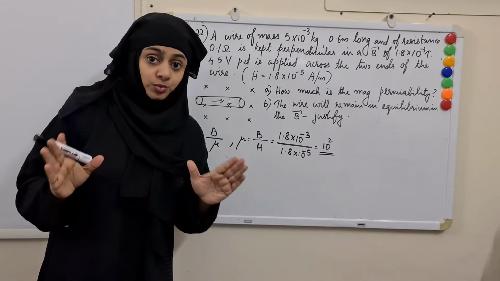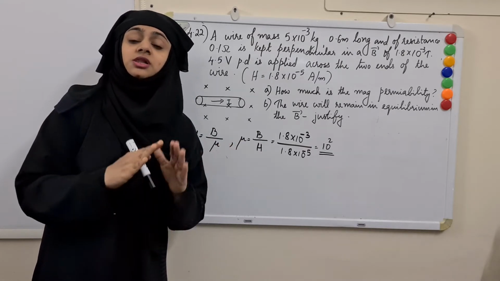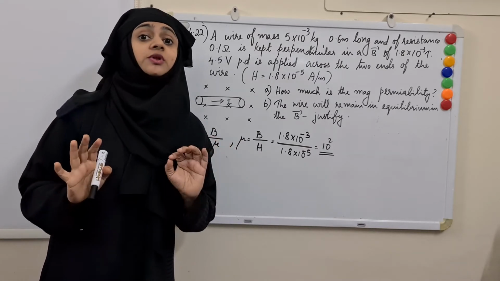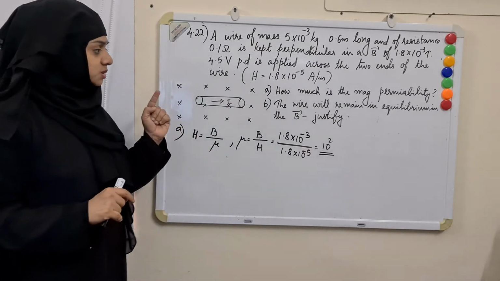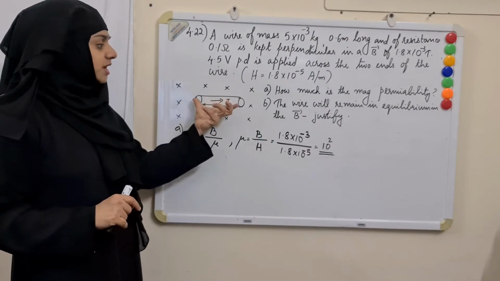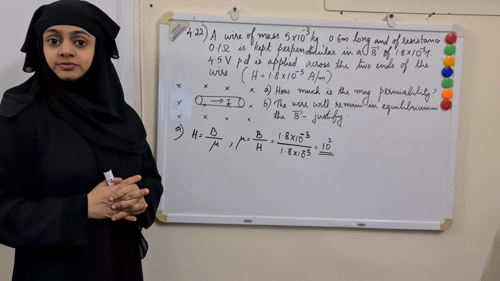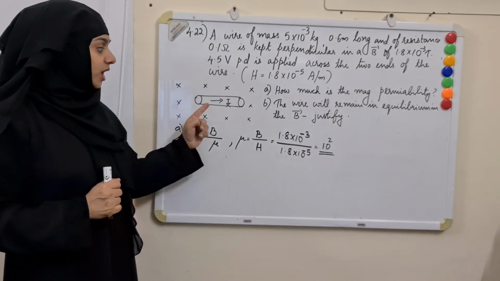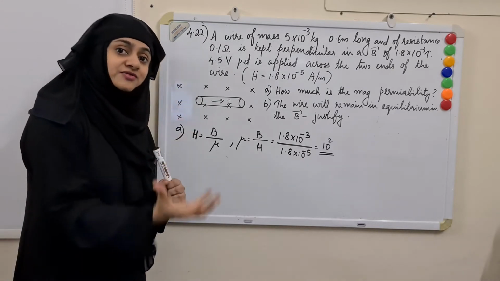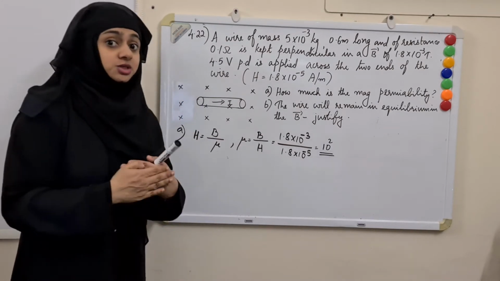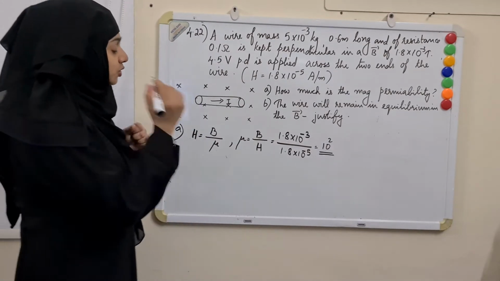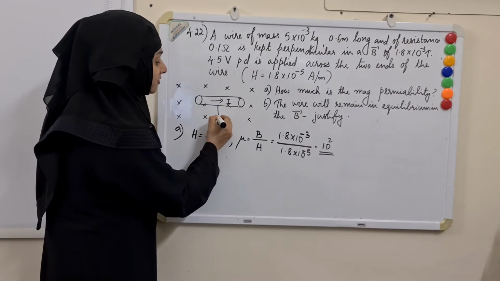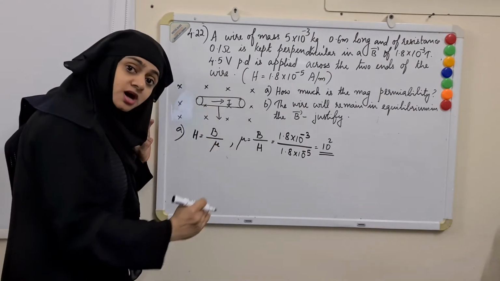If it is not moving, which means the total force acting on the body will be 0. Let us first find what are the forces acting on this conductor. There are two forces acting on this conductor. One is the gravitational force that acts on every body. So you have gravitational force acting downwards.